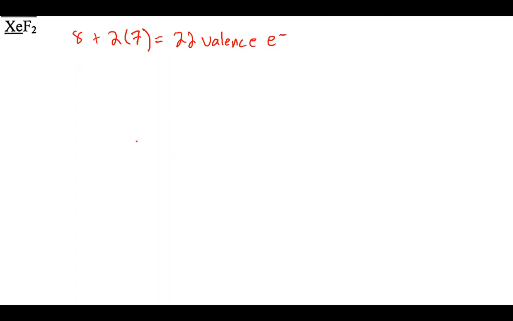Then xenon is in our center here, and we add the 2 fluorines. Next, we fill in the octets. That brings us up to 8 for each of these, which gives us 16. So then we have 6 more we need to put around the xenon. And xenon's in a lower group, so that's fine that it accepts additional electrons.